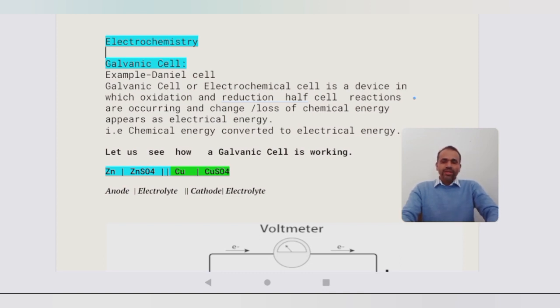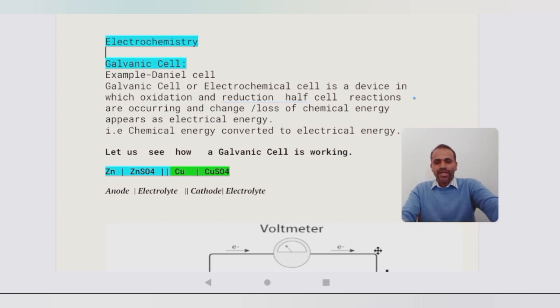So here you can see the example. There is a zinc rod dipped in zinc sulfate, and a copper rod dipped in copper sulfate. So there is an anode, an electrolyte, a separation of the two electrolytes, and a cathode part, then the electrolyte.